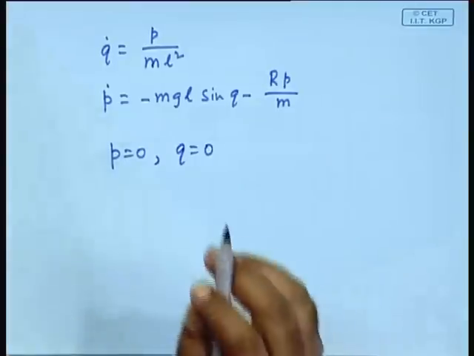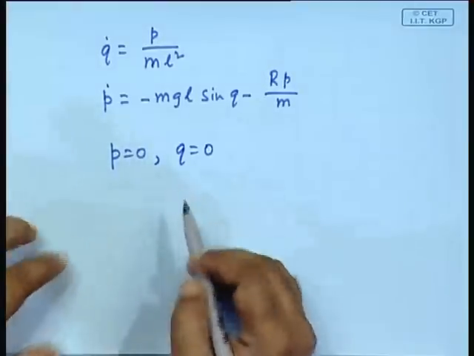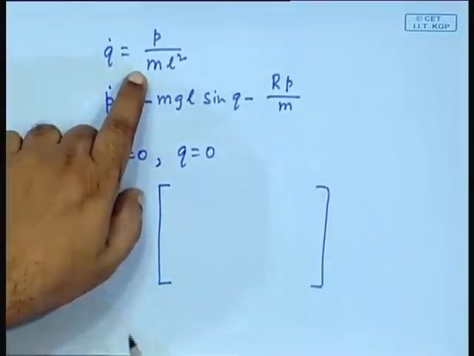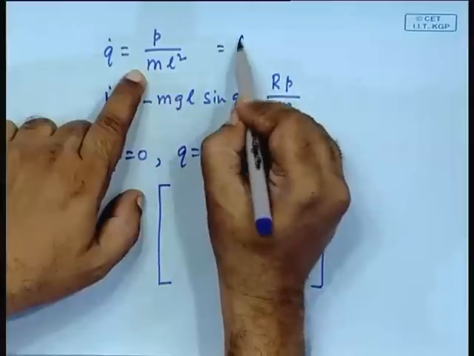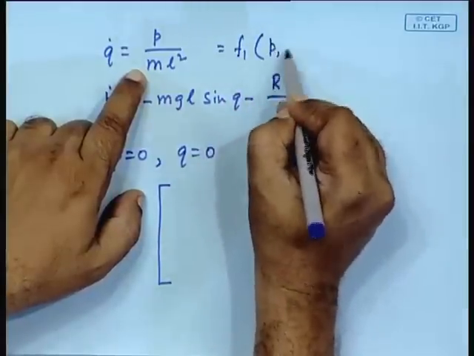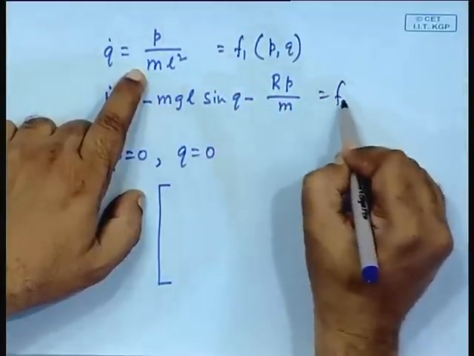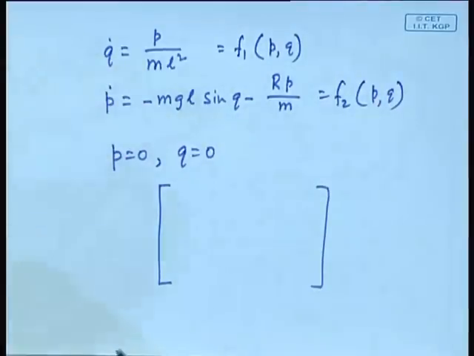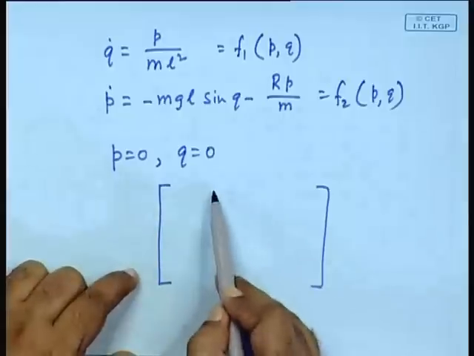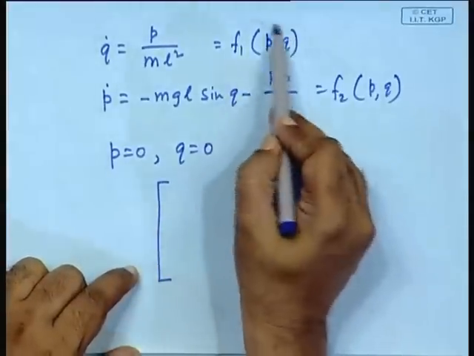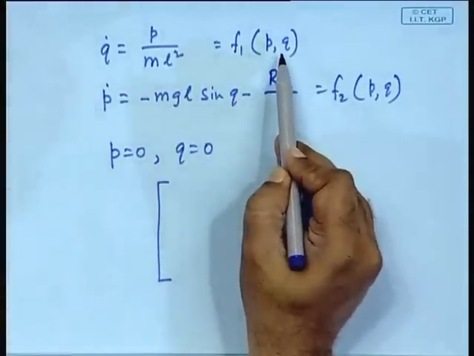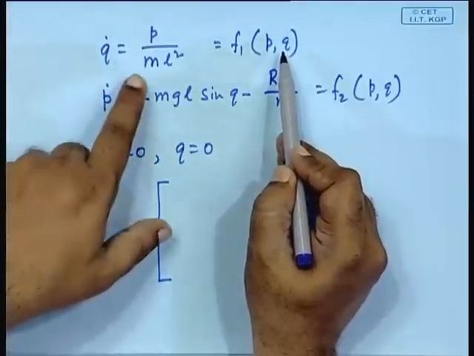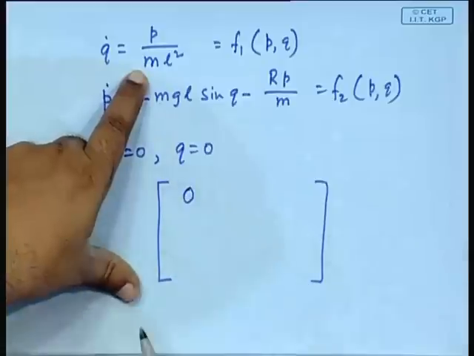Fine. So, the next step is to obtain the Jacobian. The Jacobian matrix is then the derivative of the right hand side, this is f 1 of p and q, and this is f 2 of p and q. The first term in the Jacobian would be this differentiated with respect to q. So, this term will be 0.